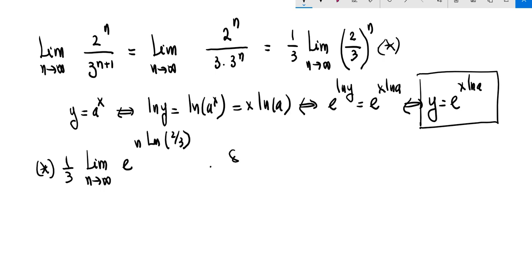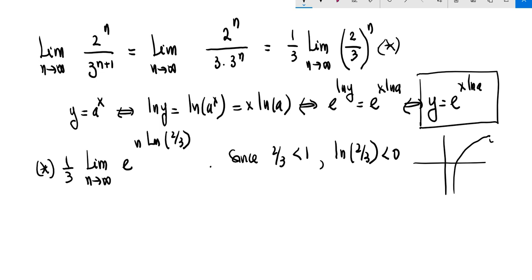Now, since 2/3 is less than 1, the natural log of 2/3, as we know, will be less than 0. So it's a negative number. Remember that the graph of the natural log looks like this, where this is 1. So for any number which is less than 1, its natural log will be negative, right?